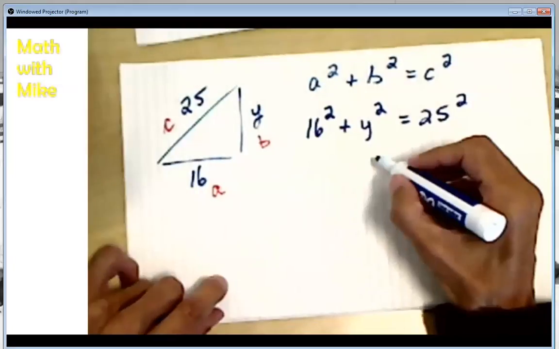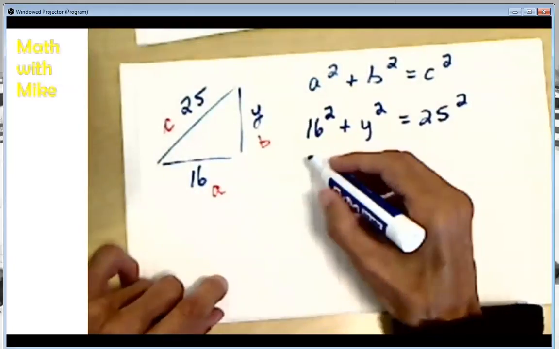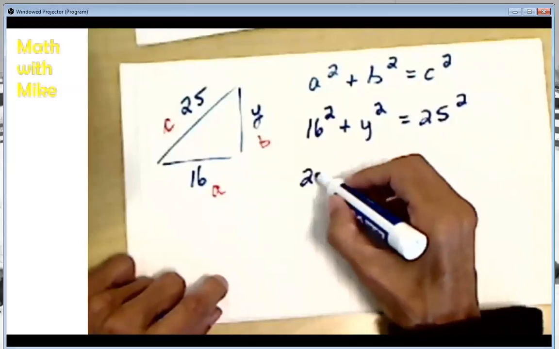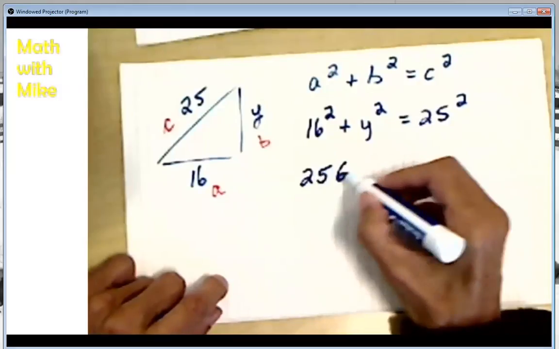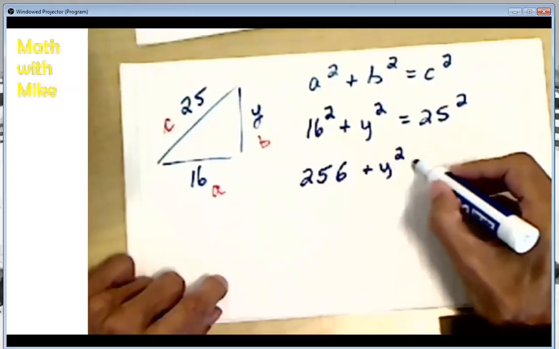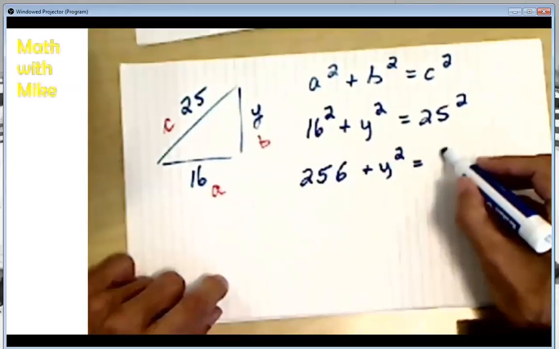Okay, so we can work these out. 16 squared, does anyone happen to know what it is? 256. Plus y squared, and then 25 squared is 625, which you get to know after a while.